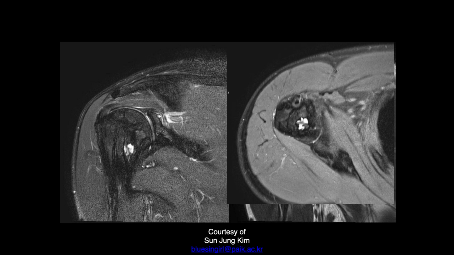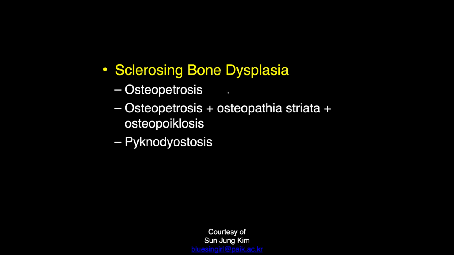So what do you think's going on? Well, it's incredibly multifocal, so I'm not really sure. It doesn't really look like fibrous dysplasia. Okay, what do you think about in terms of sclerotic bone dysplastic lesions? Fibrous dysplasia is one of them. Osteochondrosis?